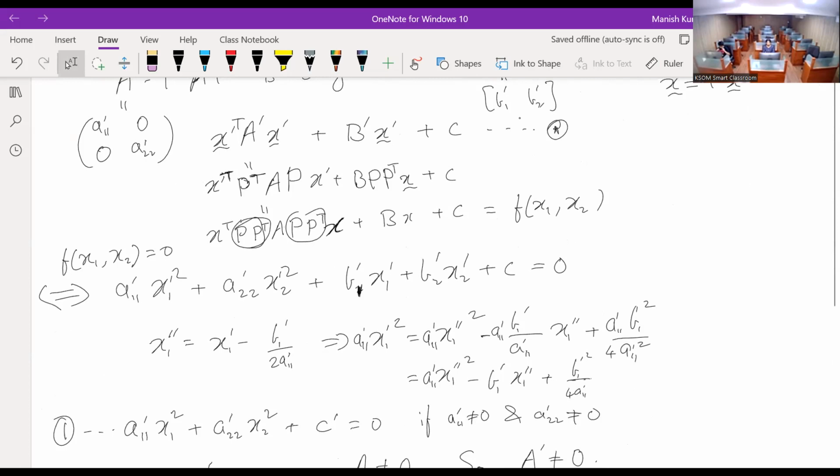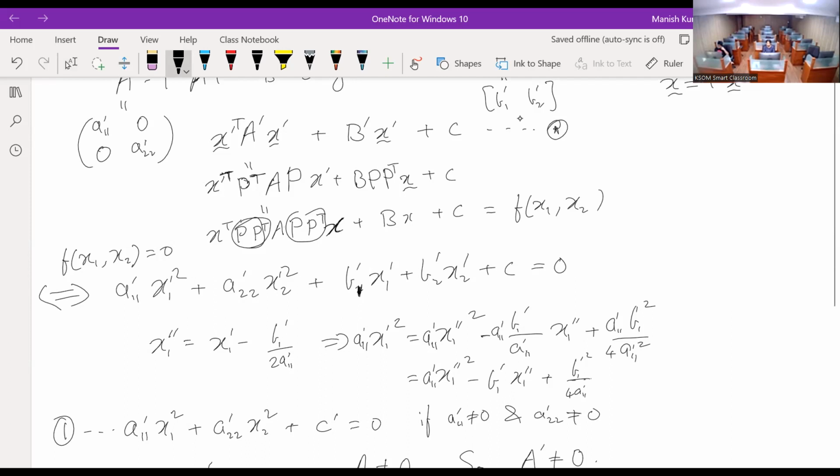Now we'll do some sort of translation. Suppose a11 prime and a22 prime are non-zero. Then we can try to complete the square. We want to minimize the number of terms. If a11 prime is non-zero, then we can write it as x1 prime minus some number, whole squared, to absorb this term. This is how we solve a quadratic equation.